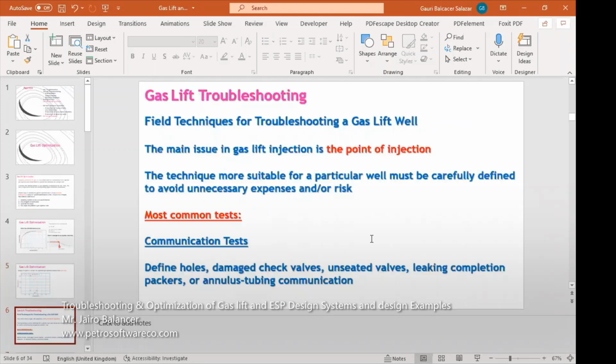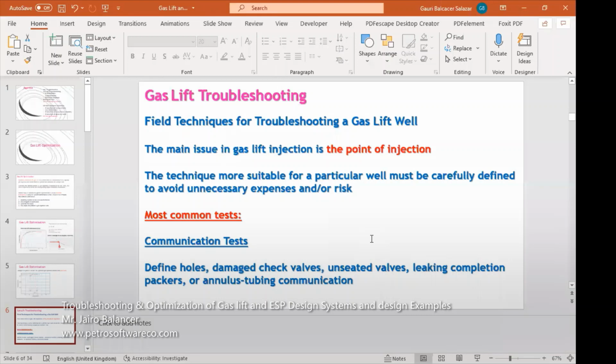And so, gas lift troubleshooting. It means whenever we have problems in the field, you know what to do. Those are field techniques. One of the main issues in the gas lift is called the point of injection.